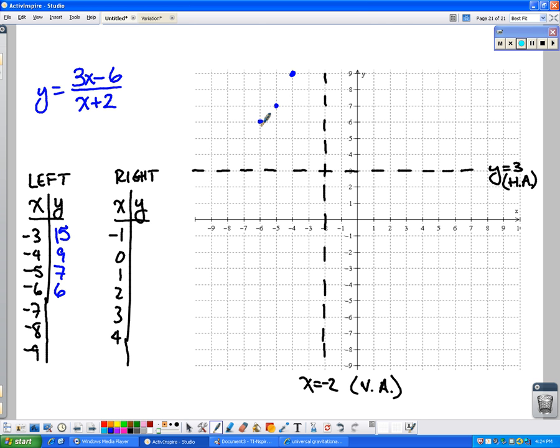Negative 27 over negative 5 is 5 2/5, or 5.4. So 5.4 is right about there. Negative 8. Let's see, negative 24, negative 30 over negative 6 is 5. And that's probably enough. I'm afraid negative 9 is another decimal that I'd prefer to avoid.